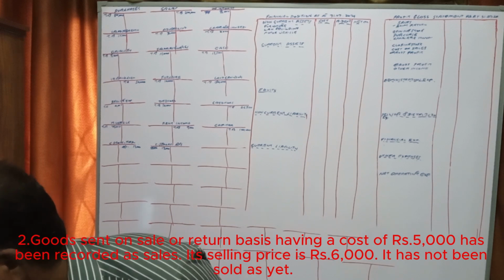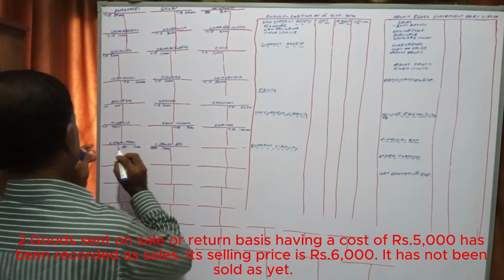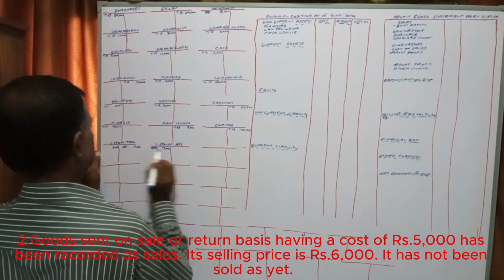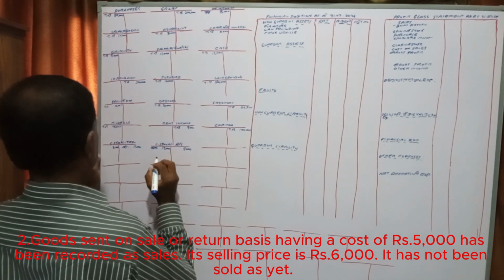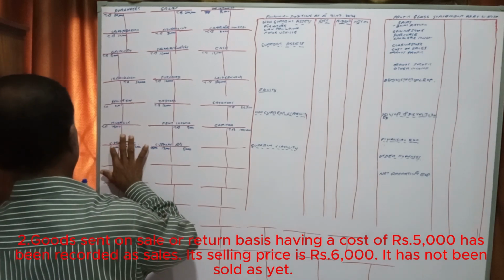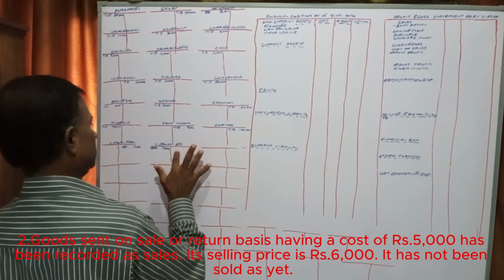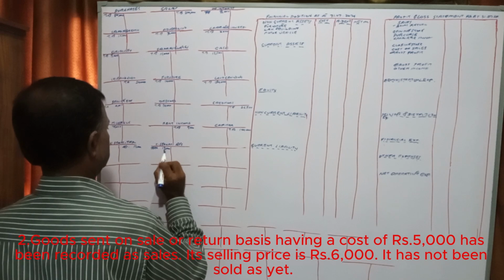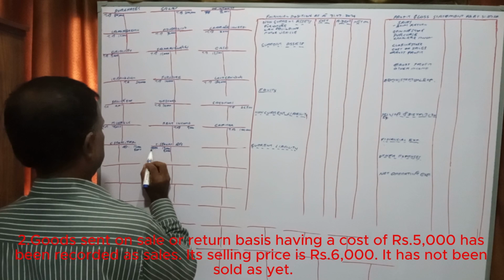It has not been sold yet, so we have to add it back to the closing stock, 5,000. We are adding to the closing stock because the sale was not done. The 5,000 cost is added to this amount.